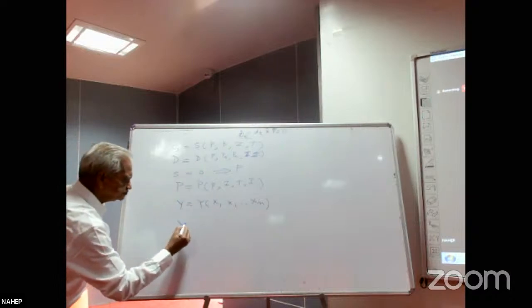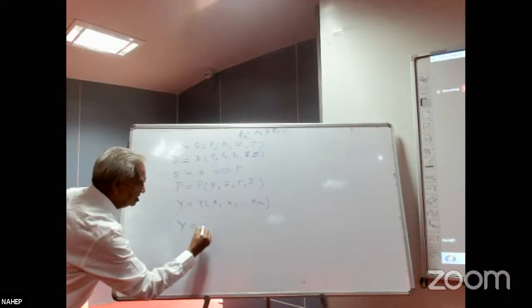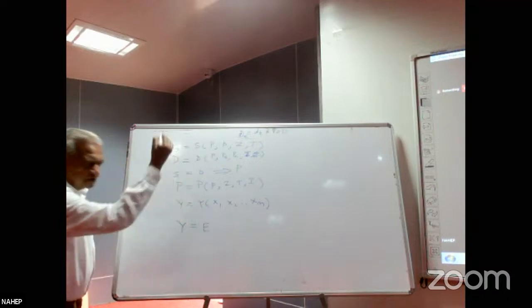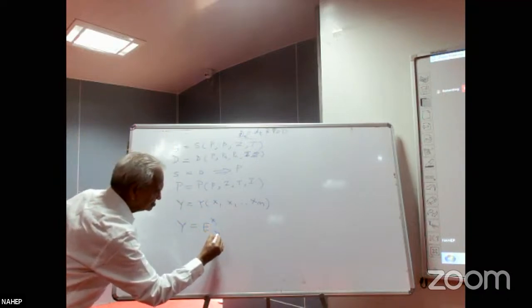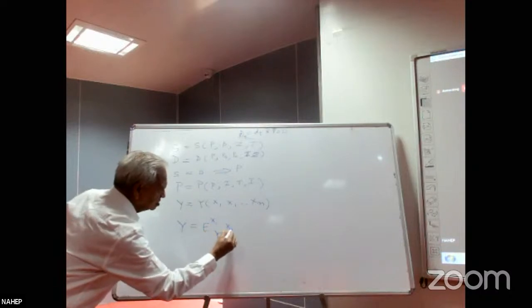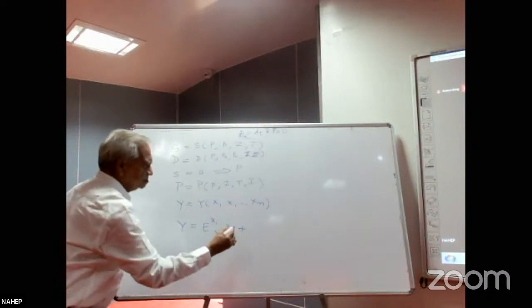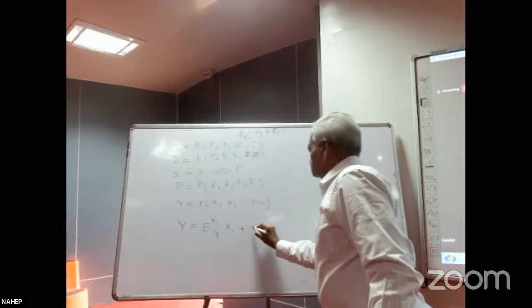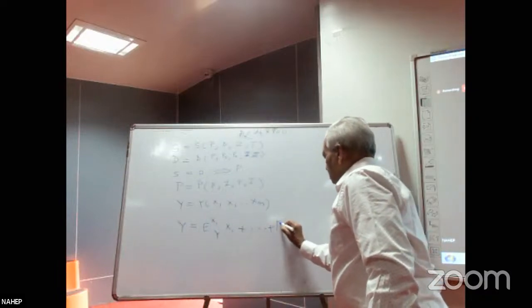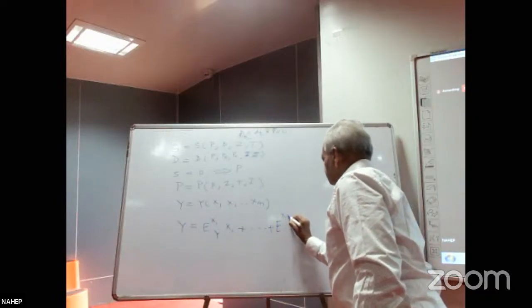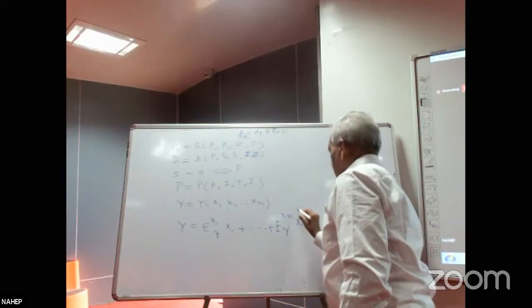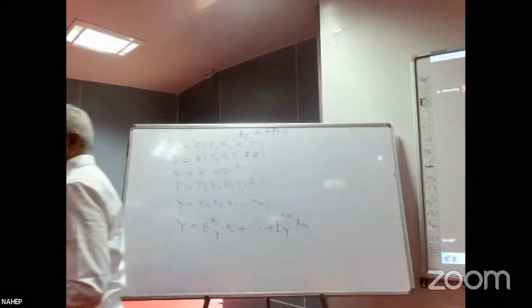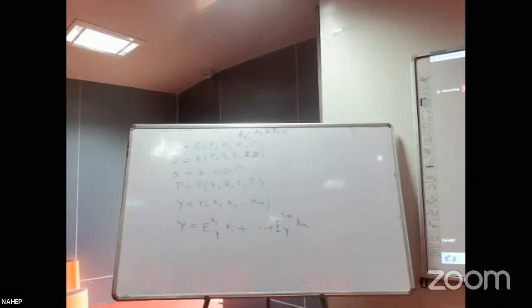Why growth? Very simple. No need of deriving. X1 by Y elasticity or X1 growth. Similarly, you keep writing your X and elasticity, Y and X growth, right?